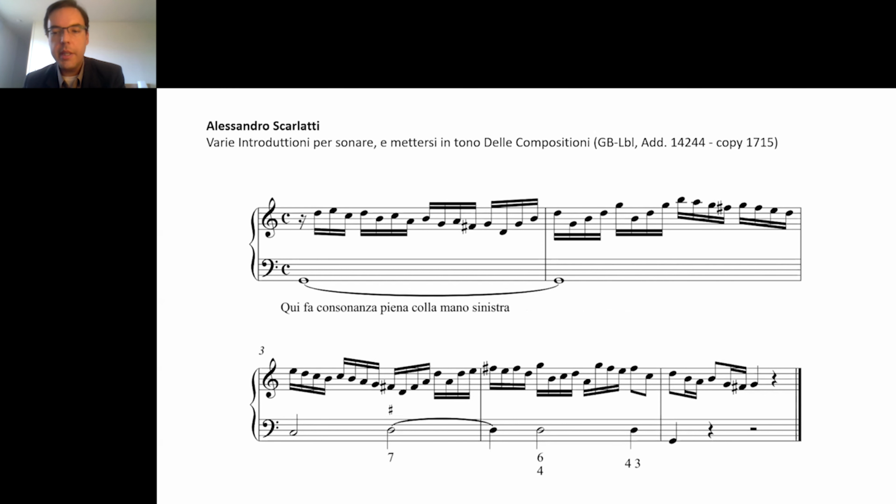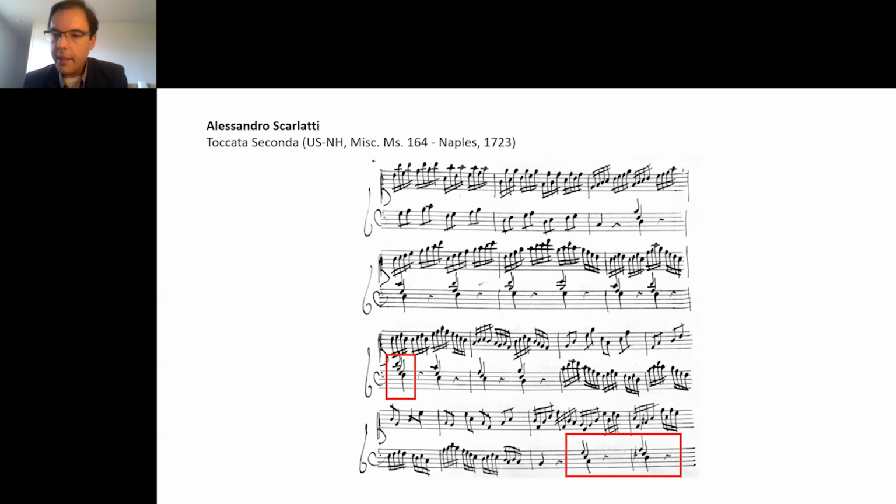Full consonances can be interpreted as complete harmonies, as one can see in Scarlatti's partite and in the next evidence from his toccata seconda. As in the right-hand chords of his partite, here Scarlatti also writes chords with mostly 3 voices, but sometimes also 4, as in the 2/4 dominant chord in the third system. Note that also here parallel fifths are not a problem, as you can see at the bottom of the score.